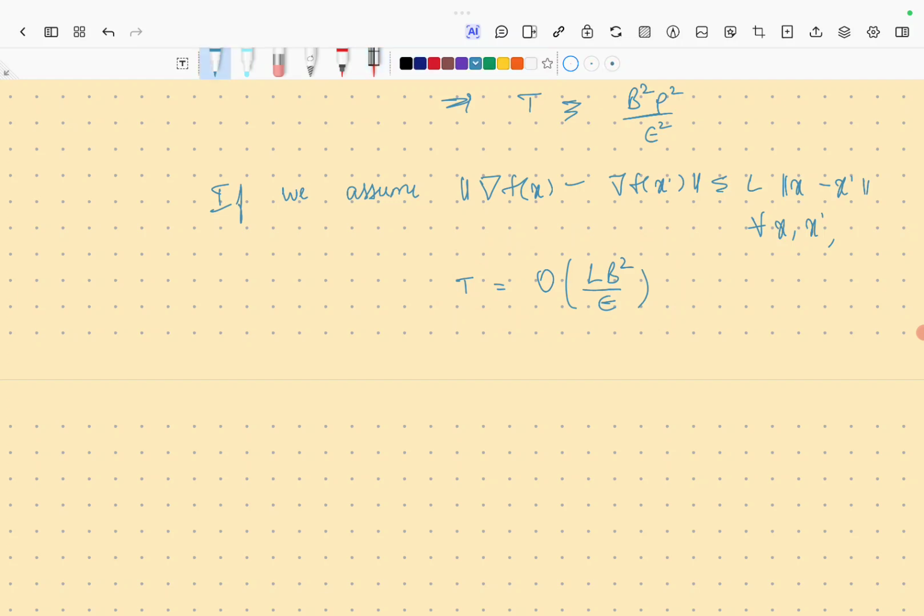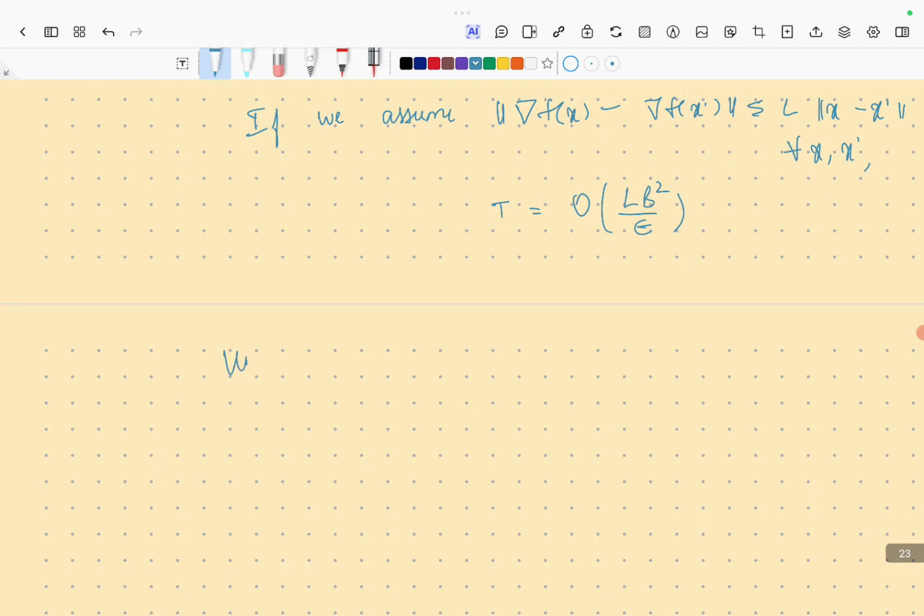On the other hand, under again some mild conditions, we can prove that any algorithm must take at least some constant times 1 by square root of epsilon time, where the hidden constants may include terms like B and L and so on, but the dependence on epsilon has to be at least like 1 by square root of epsilon.